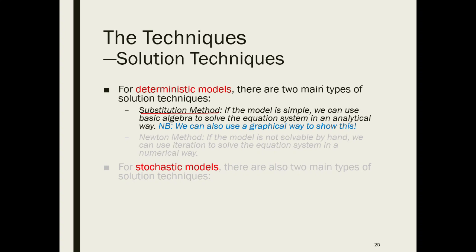Then you can solve it for both. For more than two unknowns, you do the same. Just iterate until there is only one unknown left in the equation system. The substitution method can be used to solve all models in this module and in your third year modules as well.